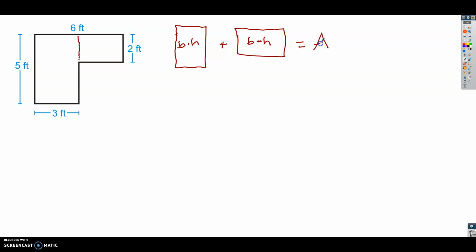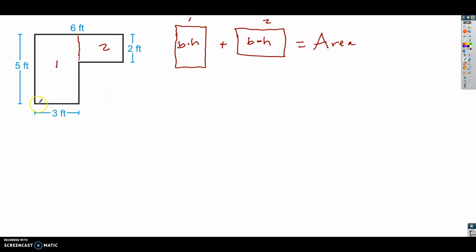So that's going to be my area. This is basically my figure equation right here. Underneath, I want to substitute the values in for the base and height for this particular rectangle. I could call this rectangle 1, and this rectangle 2.